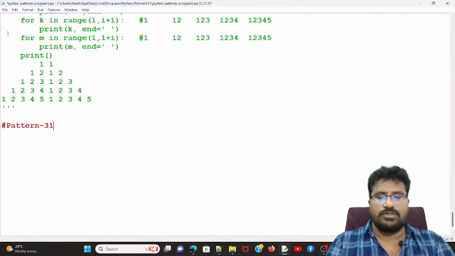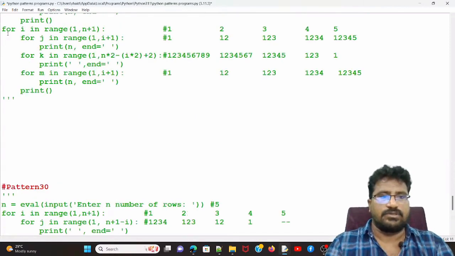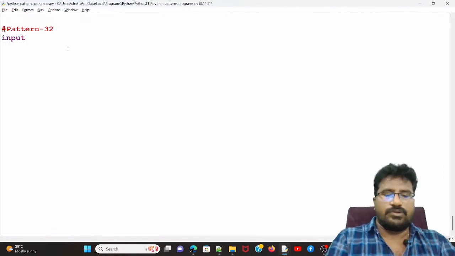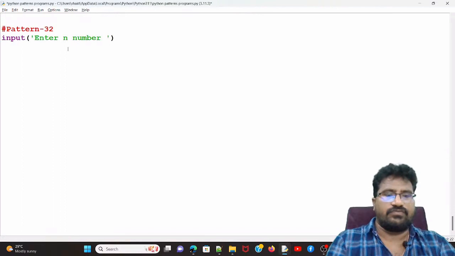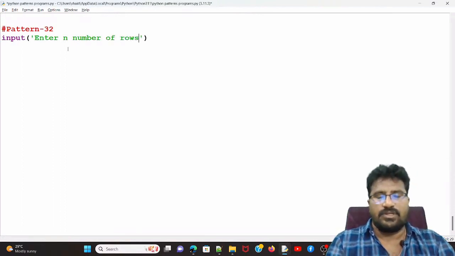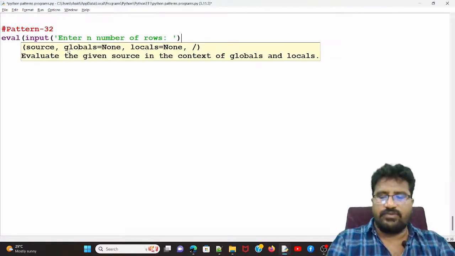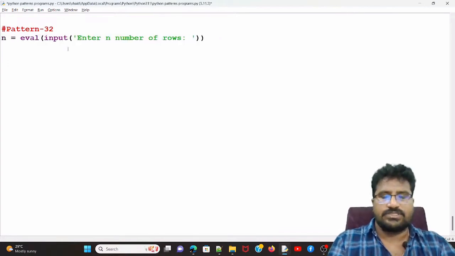Pattern 32, I think. So input: enter n number of rows. Then we'll take eval here. Then let's take the n.